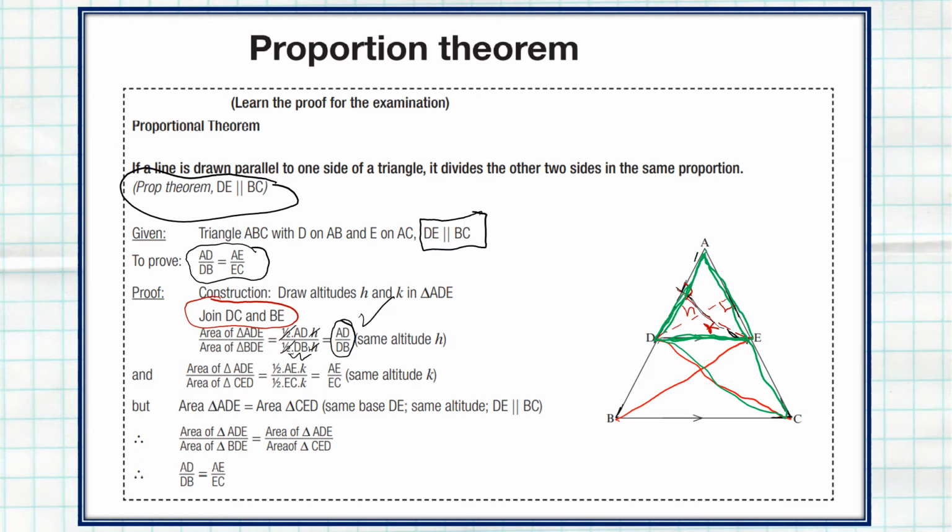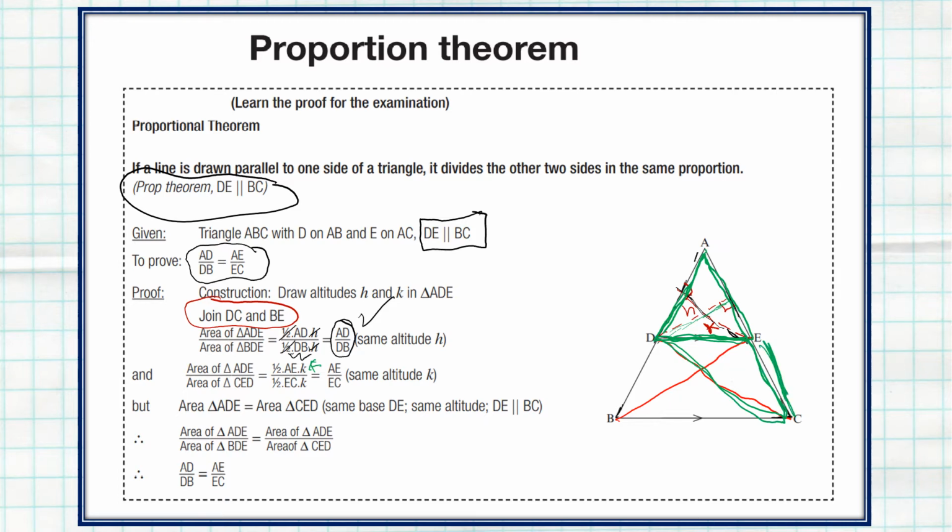So area of triangle ADE will be 1 over 2. Because I need this side, I will use this base AE times its height there. Its height is k, so I name it k. So it's 1 over 2 times base, which is AE, times k, as you can see there. Okay, as we move to this triangle now, the area will be 1 over 2.